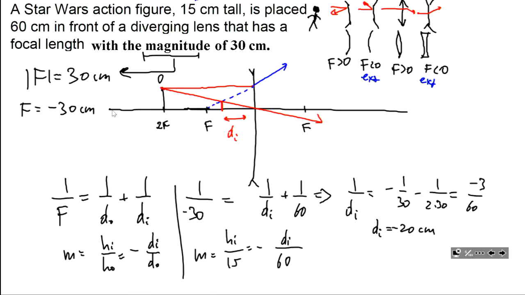That's it. And the second equation hasn't been used yet, but we could use it to calculate the height. It should be equal to, well, a minus comes from the equation. A second minus comes from the image distance, which is negative, divided by 60 times 15.